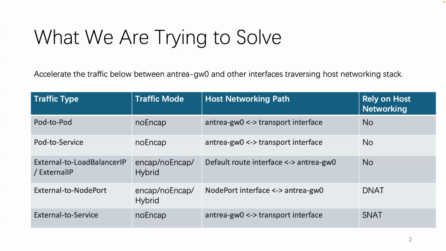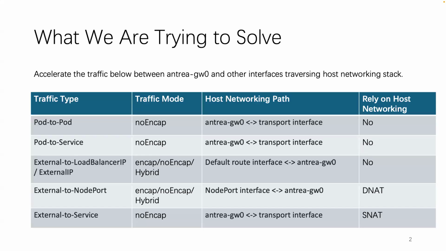Another one is external to NodePort. This kind of traffic might be from all possible interfaces. And it's a little special because Antrea installs an iptables rule to forward the traffic to OVS. Otherwise, the traffic will be received by the host networking stack.